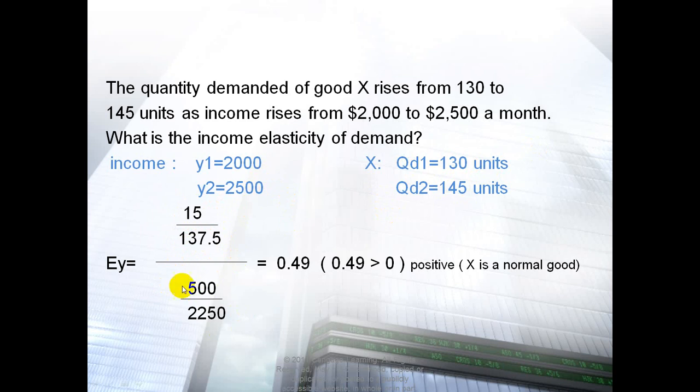And here income takes the place of price. So change in income, this minus this equals 500. And income average, this plus this over 2 equals 2250. The final answer is 0.49.